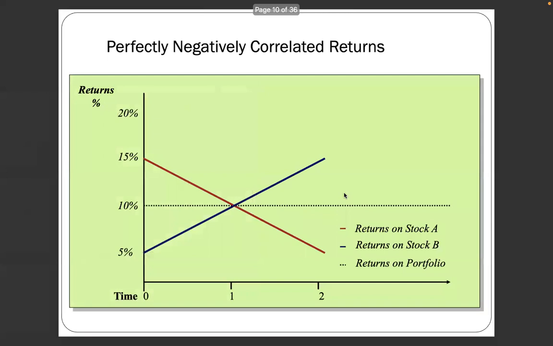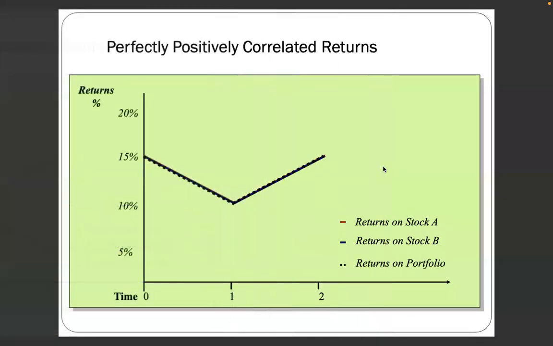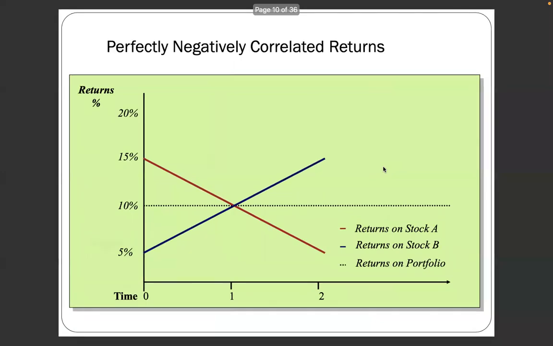Here it says how negative correlation of returns can be described through the figure, right? Here, stock A and B have perfectly negatively correlated returns.